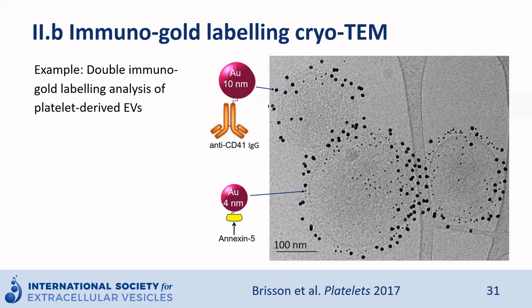The small gold particles, 4 nanometer diameter, are conjugated to annexin 5, therefore labeling phosphatidylserine-exposing EVs. And this image provides a clear demonstration that the three EVs are of platelet origin and expose phosphatidylserine.